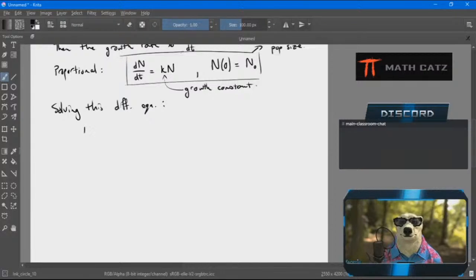So I'm going to bring just the N to the other side. And remember, I leave my little differential separation until the end. Then I can multiply both sides by dt to get this, and I integrate both sides. Same as before, we're just going to look at this specific equation that comes up a lot in growth and decay problems.